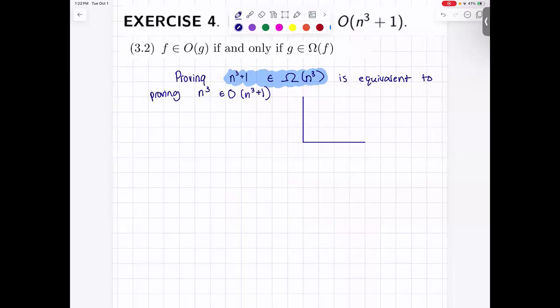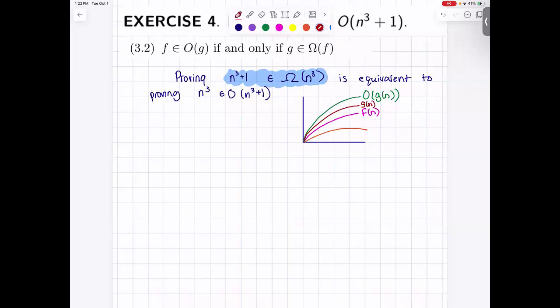But if you wanted to look at it, assume that this is some function f of n, and g of n is this other function.